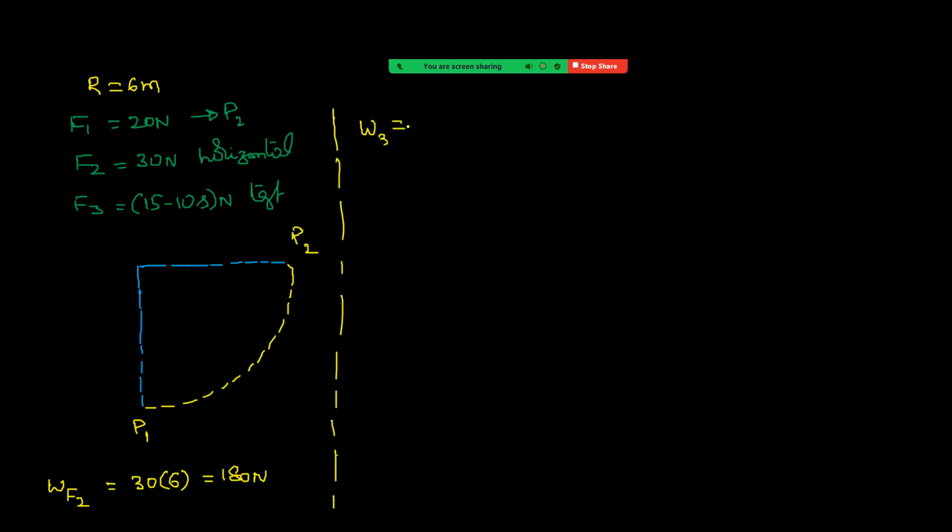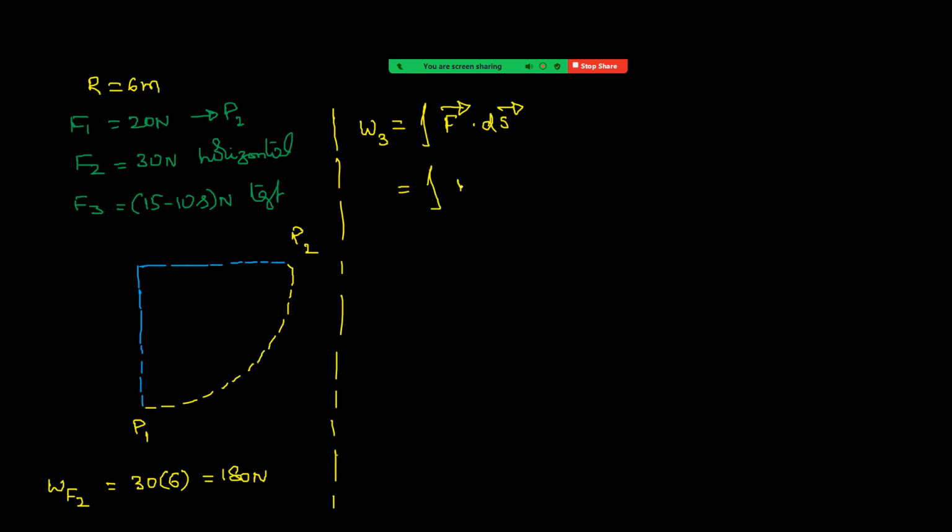Take it as W3, the integral of F bar dot ds bar. Take a small displacement ds. Since the force is always along the tangent and the displacement is also along the tangent, the angle between them is now 0.